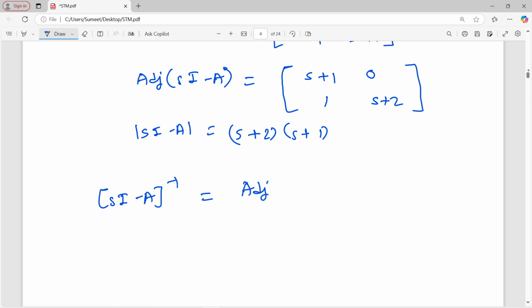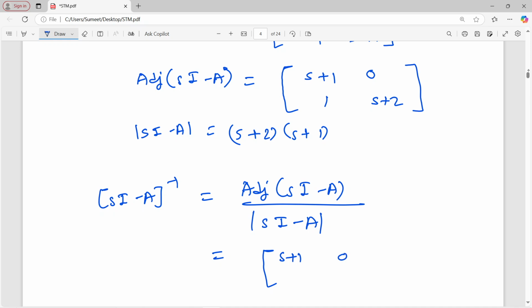So the inverse formula is adjoint of sI minus A divided by determinant of sI minus A. Your adjoint matrix is [s+1 0; 1 s+2], and the determinant is (s+1)(s+2), so we take 1 upon (s+1)(s+2).